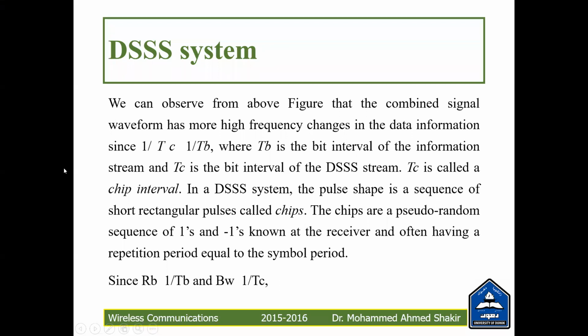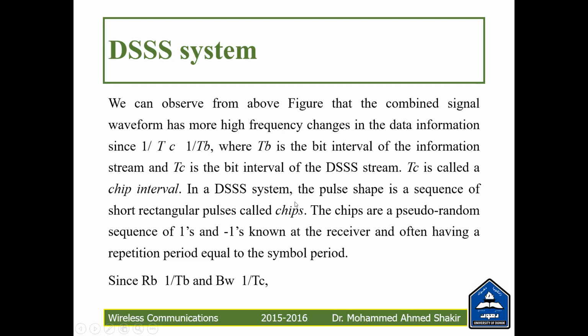We can observe from the above graph of our figure that the combined signal waveform has more high frequency changes than the data information, since 1 over Tc is greater than 1 over Tb, where Tb is the bit interval and Tc is called the chip interval.